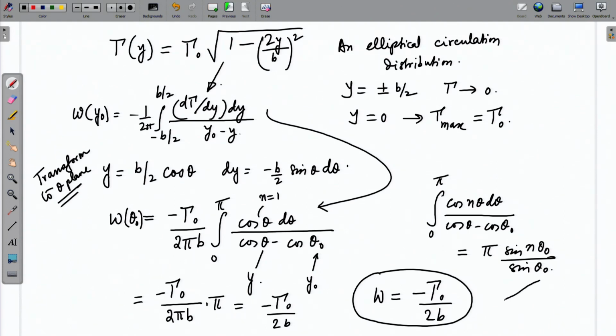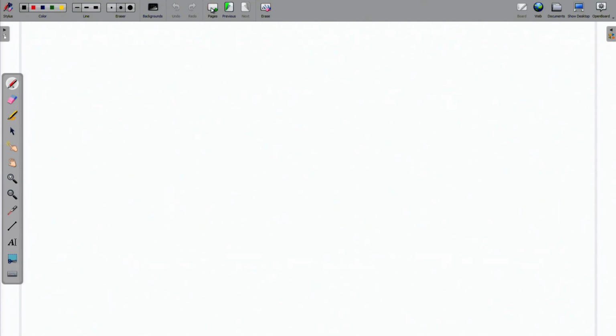So, if you were to plot the w along the span of the wing, everywhere it remains constant. While if you plot the circulation, it varies like this. It has an elliptic nature. This is w, this is gamma. This is the appearance.